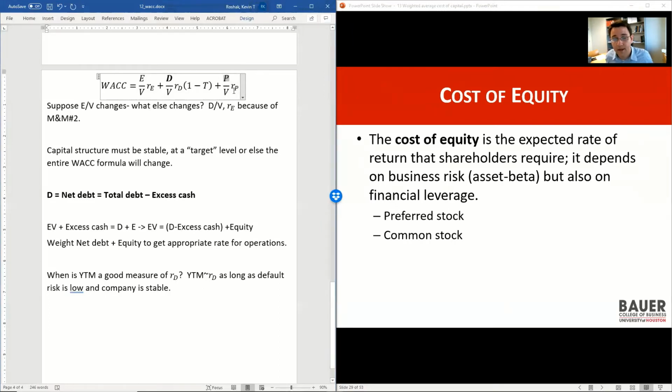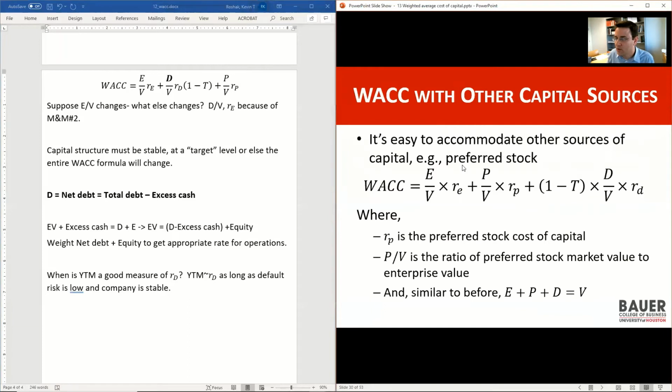It's worth P, and it has a discount rate RP, the required return on P. So we can do that too. You can just tack on extra sources of financing to your WACC. The WACC is the average of all the financing, all the investors' required returns, put together into one number, but it's pretty flexible. You just take a weighted average of all these new sources of financing, and you're fine.